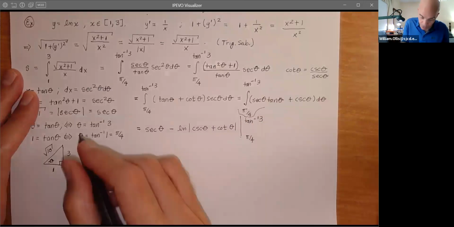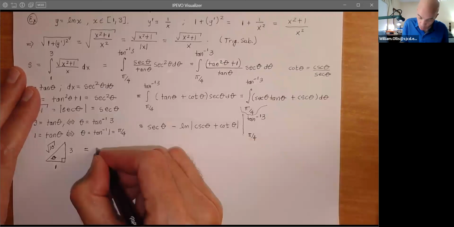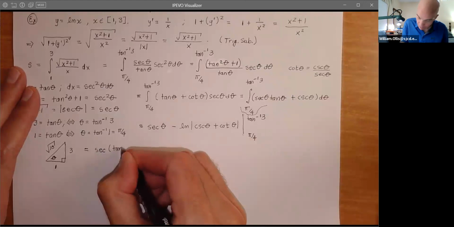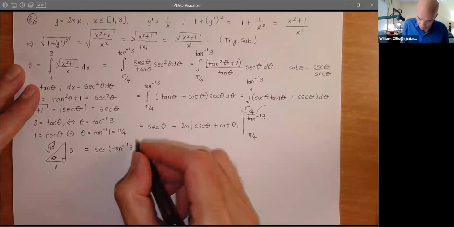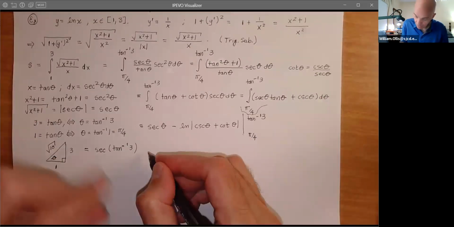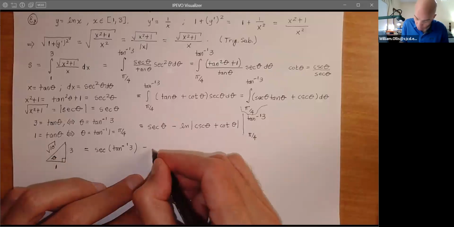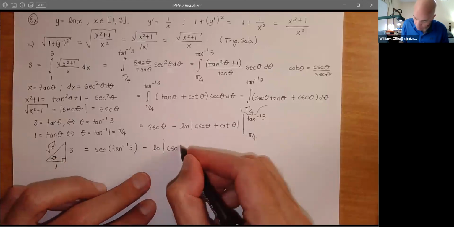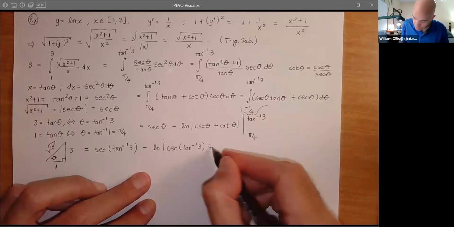So now let's go ahead and evaluate using the fundamental theorem. So we'll have secant, this is where our triangle is going to be useful, secant of inverse tangent of 3. So that's how we're going to use the theta in the triangle. So you see it's already set up. Minus natural log cosecant of inverse tangent of 3 plus cotangent.